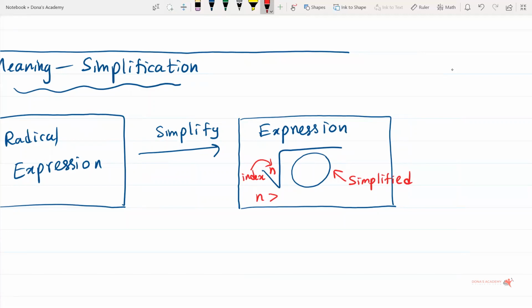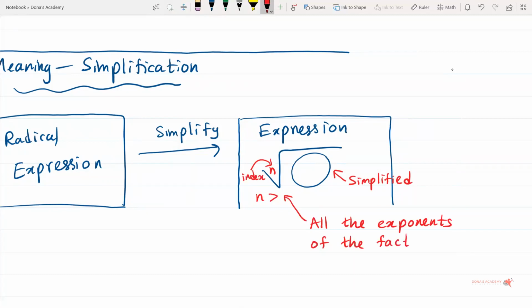n should be bigger than all the exponents of the factors of the radicand, okay? Strictly bigger than.